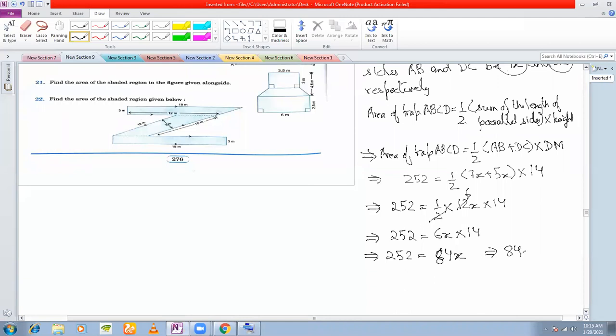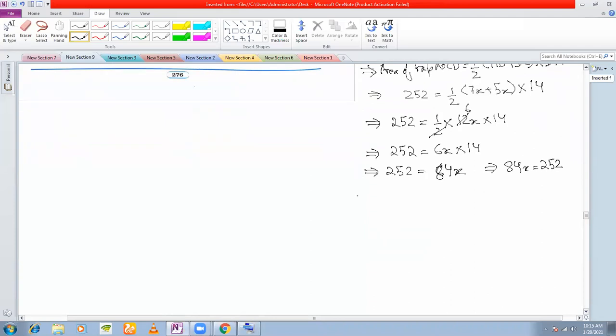So that means 84x is equal to 252. So x here is 252 divided by 84. Now you can cancel with 4, 4 2, 4 1, 4 6, and 4 3. Now you can cancel with 7, 7 3, 7 9. And then you can cancel with 3. So x is equal to 3 you are getting.